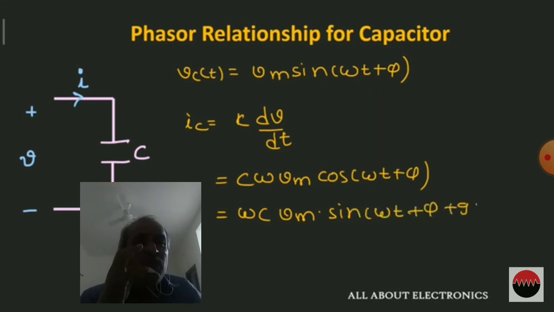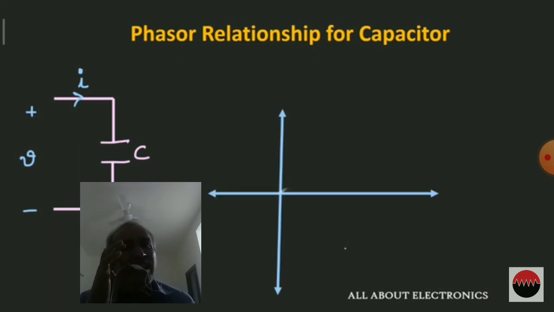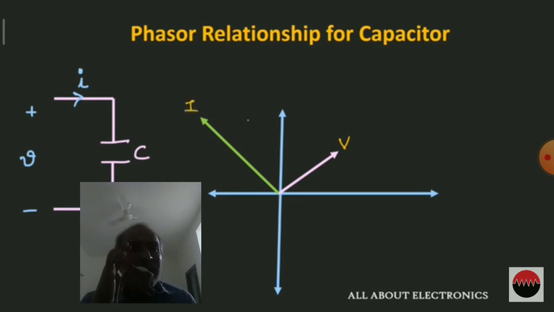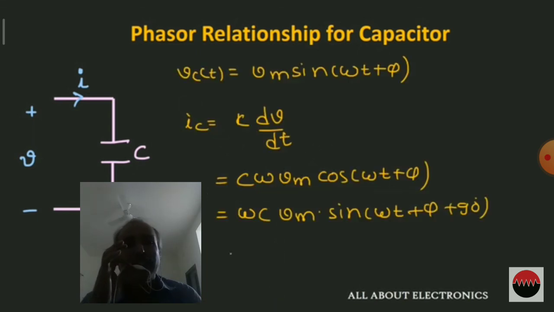Cos(ωt + φ) can be written in sine form as sin(ωt + φ + 90°). So just observe here, the phase between v(t) and i(t) is 90 degrees. Draw a phasor diagram. Here the green line represents the current and the pink line represents the voltage. Current is ahead by 90 degrees over the voltage.